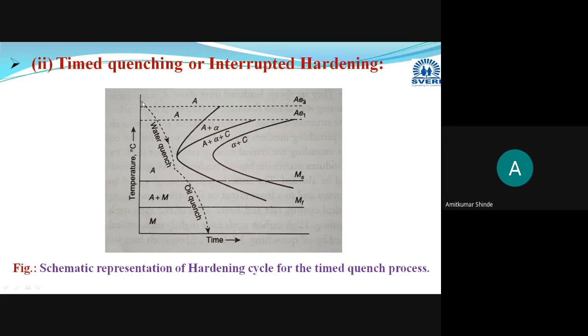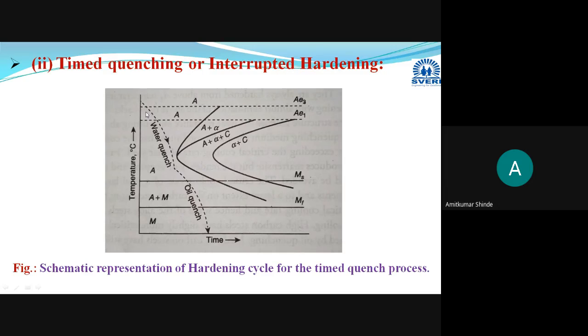Here the initial cooling will be done with a very fast rate, that is, in the water medium, and after that, when the temperature reaches just below that nose temperature, we take that component out from the water medium and do a little bit slower cooling, either by using oil medium or air medium.